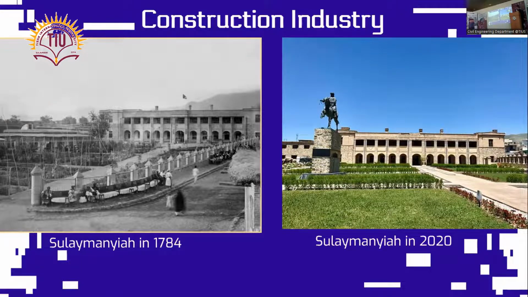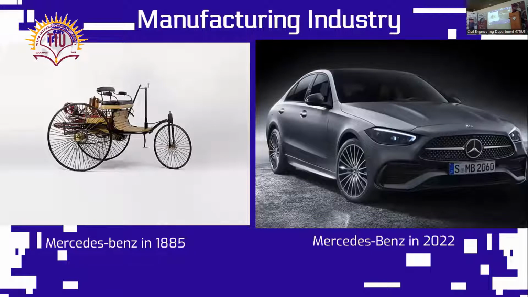But if you have a look at the manufacturing industry, especially for mechanical engineers, we can see a lot of changes. If we pick a Mercedes-Benz in 1885 and a Mercedes-Benz now in 2022, you can see a lot of changes, right?